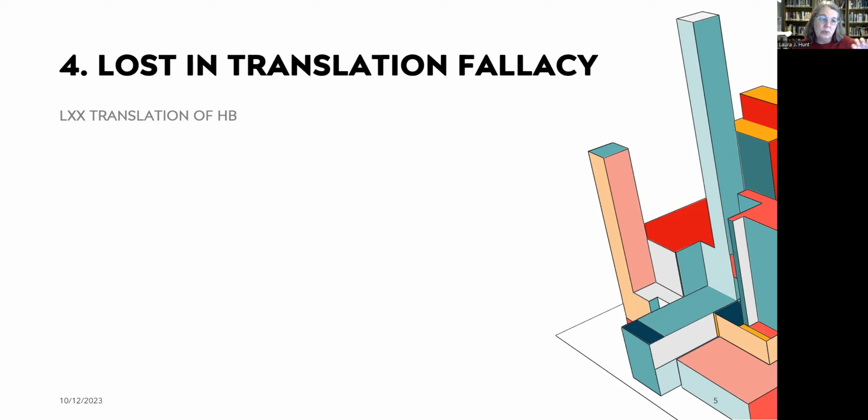So we can't assume that just because a word translates a Hebrew word in the Septuagint, that when that same Greek word is used in the New Testament, it also means the same thing as that Hebrew word. A really good example is the word hilasterion in Greek. In the Hebrew Bible, it is used to translate mercy seat.